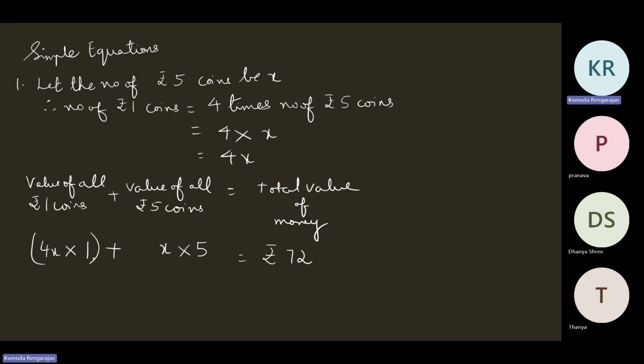So 4x into 1 is the value of all the 1 rupee coins. x into 5 is the value of all the 5 rupee coins. And the total value is 72 rupees. So you have 4x plus 5x is equal to 72, or 9x is equal to 72 is the equation. Okay, so that is option B.